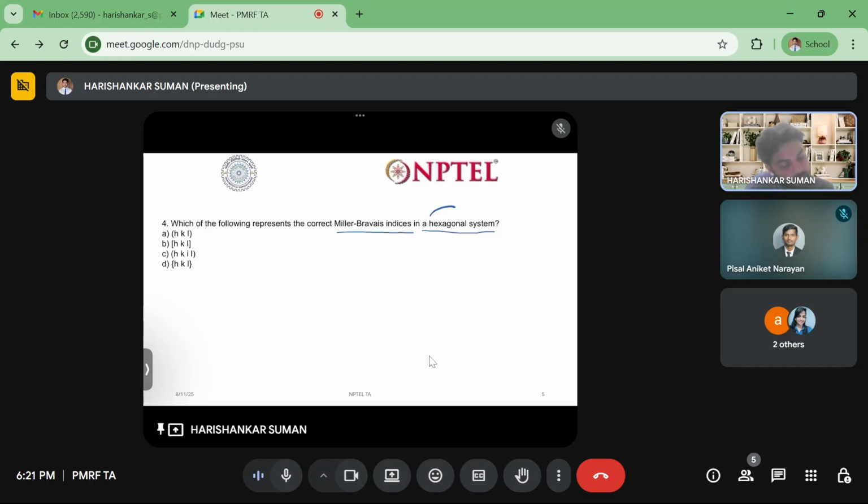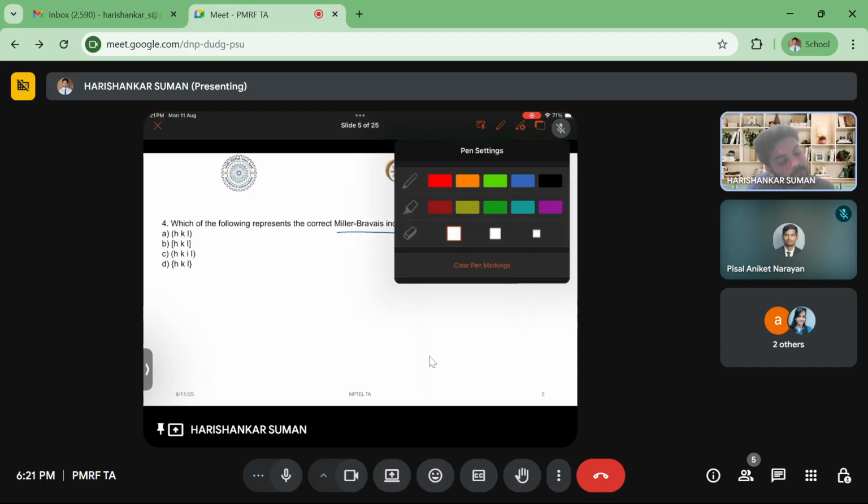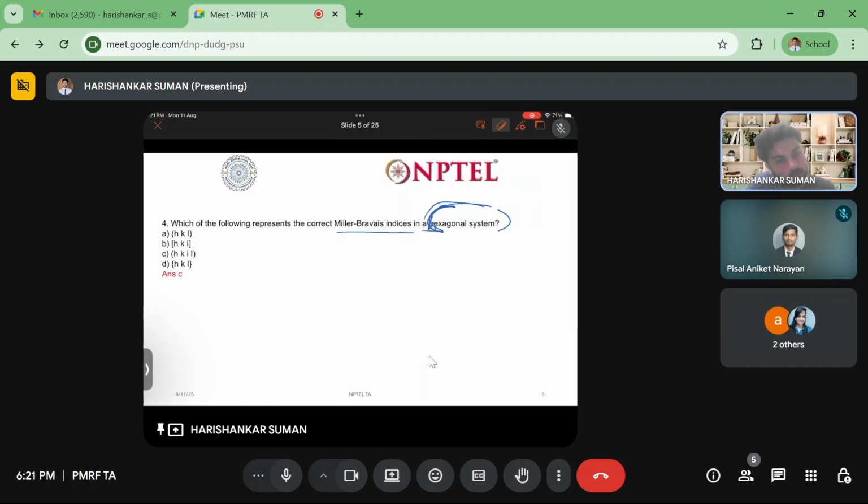For hexagonal, the answer will be C. Please remember, this is the notation for hexagonal. Simple HKL, but in the hexagonal system, HKIL.